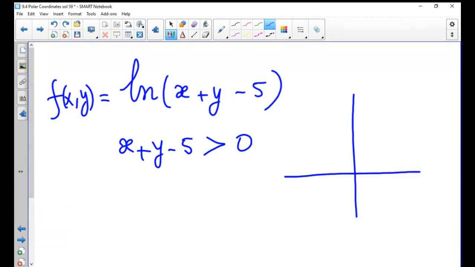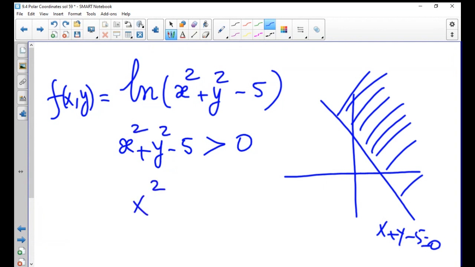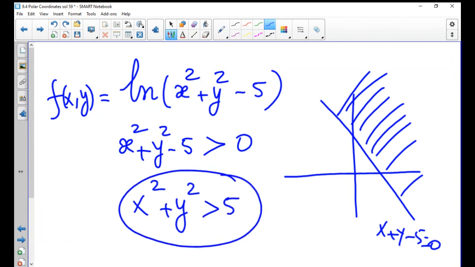You draw the line x plus y equal to 5, x plus y minus 5 equal to 0, and then it will be on one side, not the other side. If it is something like this, then it becomes greater than 5, which is outside the circle of radius square root of 5, like this.